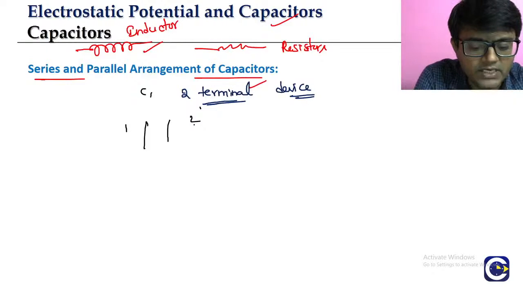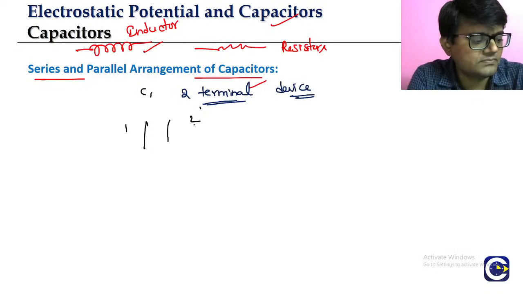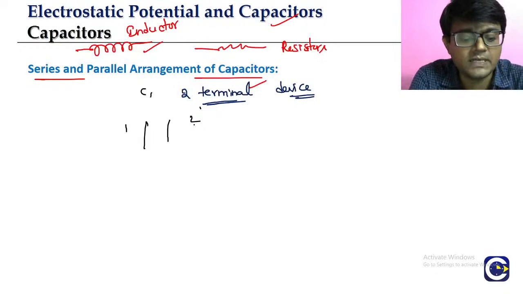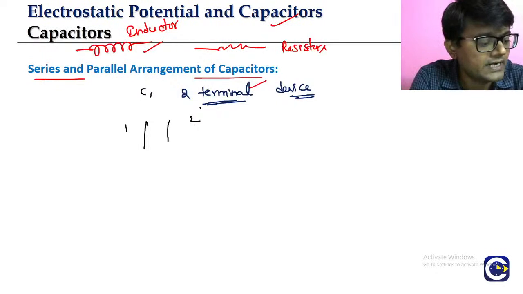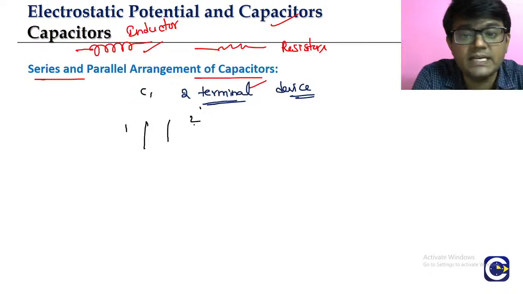A transistor will be a 3 terminal device. When we go to that chapter, we will understand how we design a transistor and how it will have 3 terminals and how each of the terminals works.